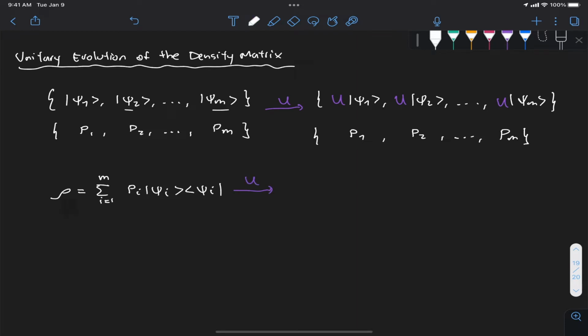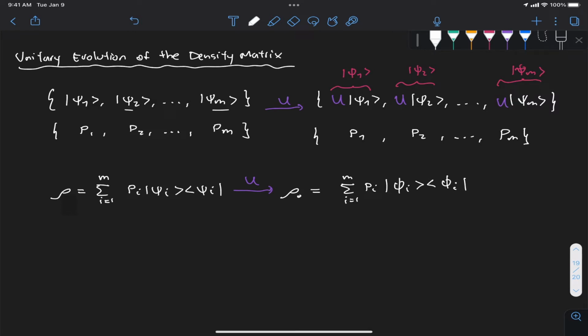So then, rho prime is given by, well, we can just call these evolved states phi sub 1, phi sub 2, all the way up to phi sub m. And basically, the density matrix for this new ensemble of states is just the sum from i equals 1 through m of p sub i of phi sub i outer product with itself.